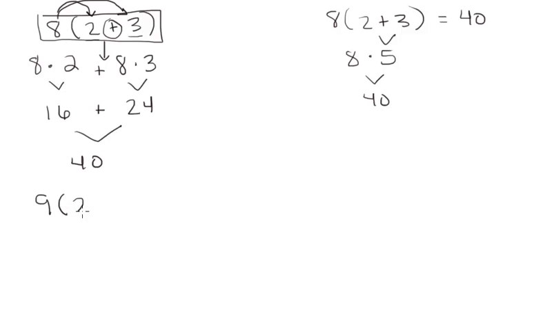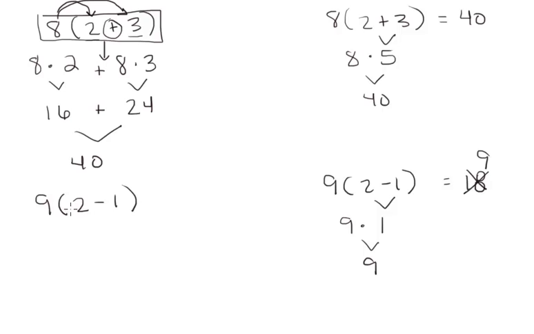9 times the difference, 2 minus 1. Okay. If I do this in my calculator, I find that this is equal to 18. I can also use the order of operations. 2 minus 1 is 1, times 9. Whoops, this is not 18. This is equal to 9. 9 times 1 is 9.